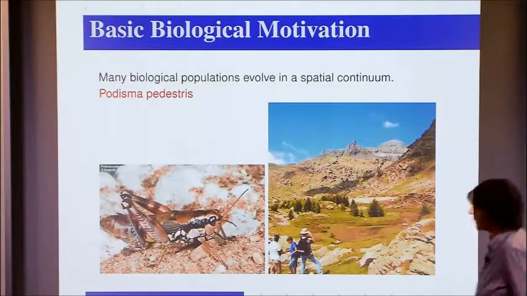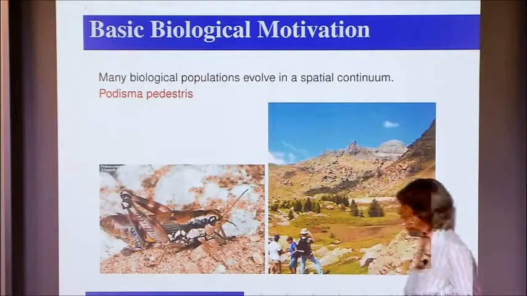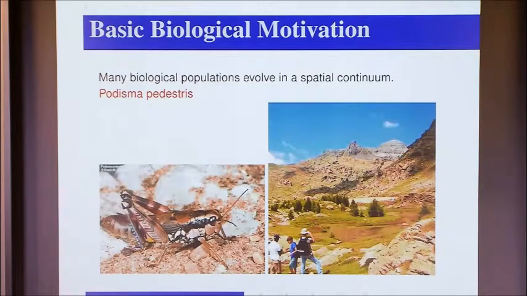So the basic motivation: this was the creature that Nick was very excited by when we first met in the mid-1990s, Podisma pedestris. What was pointed out to me was that most of the classical models of population genetics incorporate spatial structure by supposing that the population is subdivided into demes living at the vertices of a graph, and individuals can move around only along the edges of that graph.